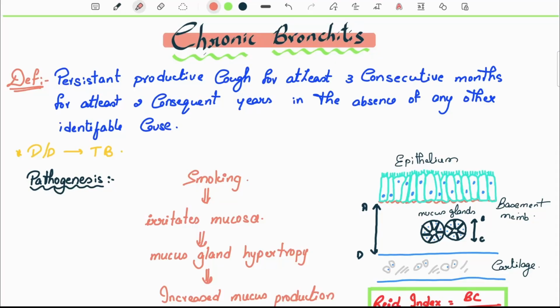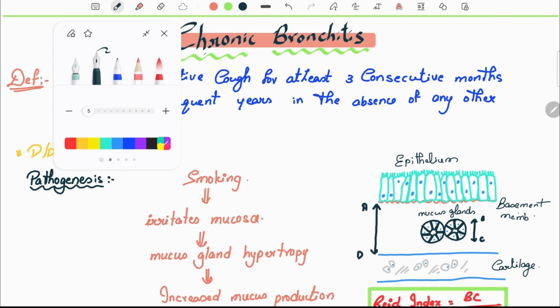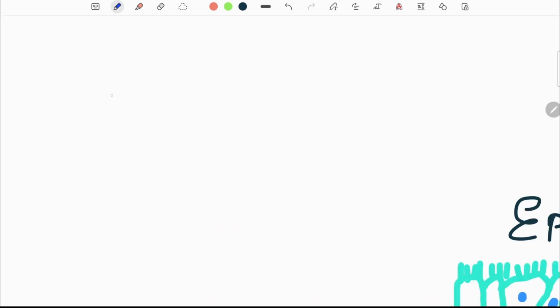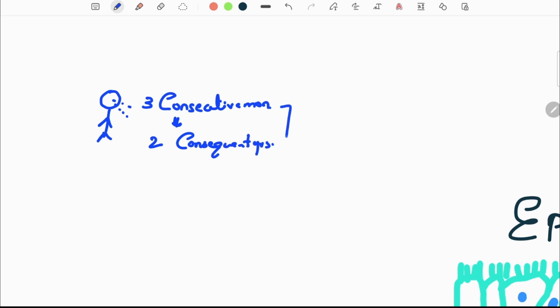Chronic bronchitis. This is an important topic that comes under the obstructive lung diseases. So the definition of chronic bronchitis is, there is a person. This person is having cough, and the cough is for at least 3 consecutive months and 2 consecutive years. But we should not know any kind of cause.